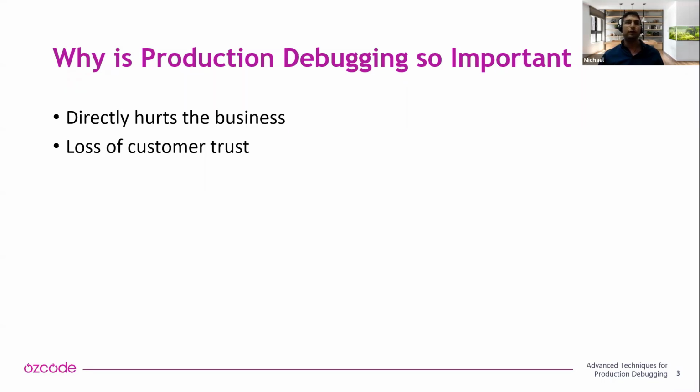So if we have performance issues and lag, unresponsiveness, whatever, then we don't look as good, and those customers might not want to continue using our product. Hard to debug. This is a big one, and we'll get back to debugging production.